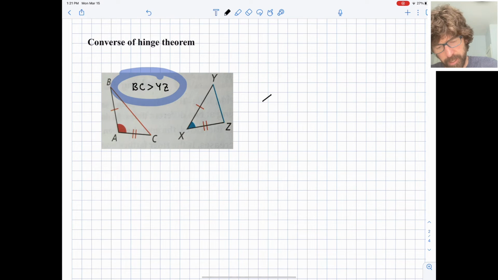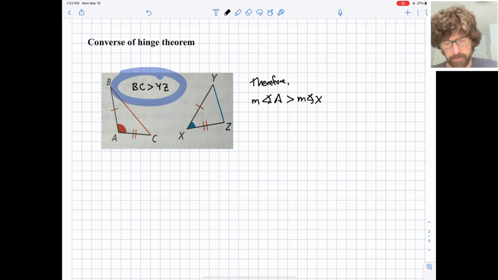We can conclude that angle A, the measure of angle A, must be larger than the measure of angle X. Okay, so that's our conclusion. If we know that the sides are unequal, the angle measurements would be unequal in the same direction.